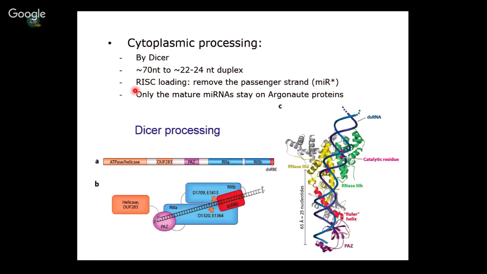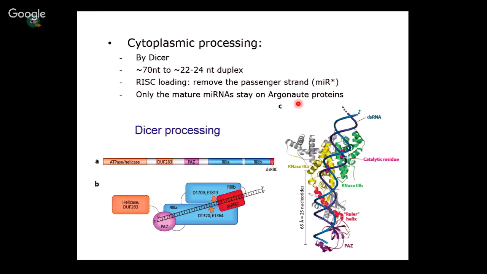After Dicer cleavage, the next is RISC loading to remove the passenger strand microRNA. We just name it the passenger strand because the other strand stays on the RISC. Those strands to be removed we call passenger strand. But in the biogenesis of a microRNA, we can see that it's a duplex.